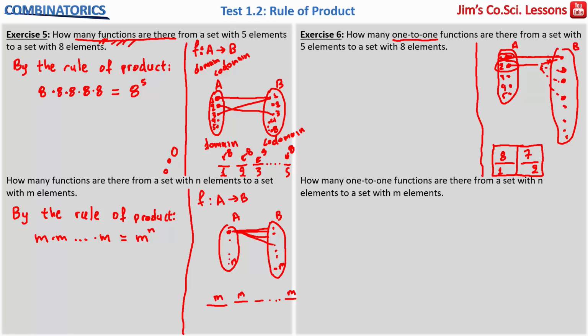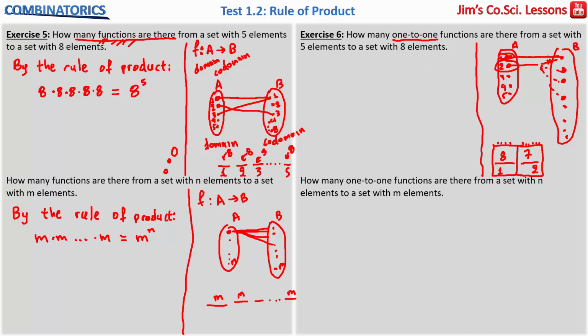For each selection for the first element, there are exactly 7 options for the second element. And this is really crucial to understand. This is where sometimes mistakes are made when applying the rule of product.